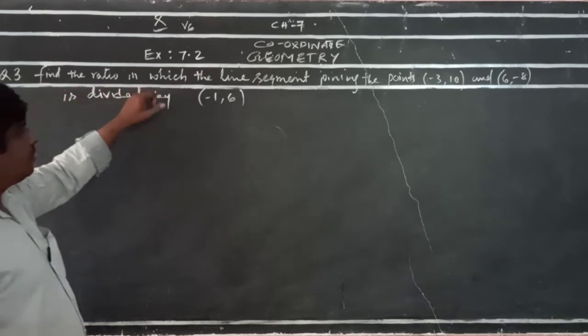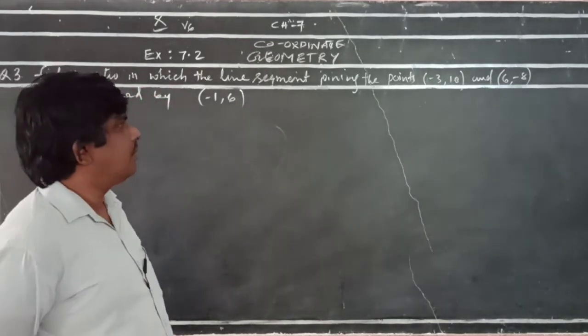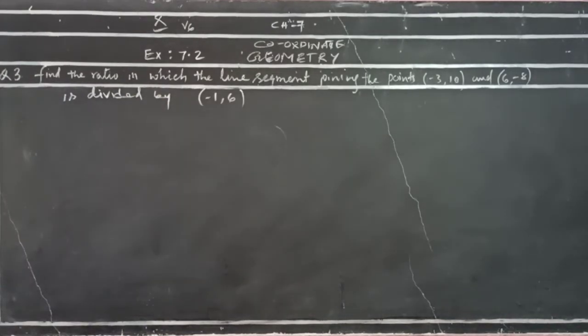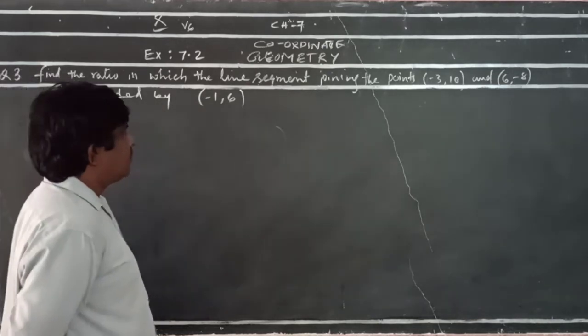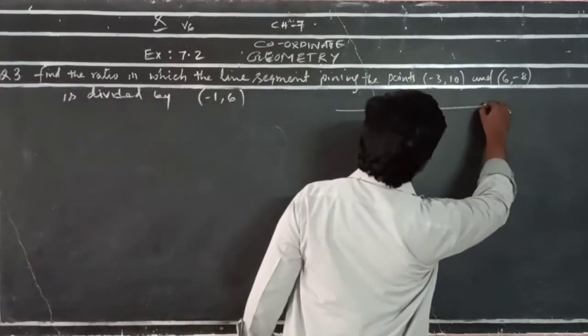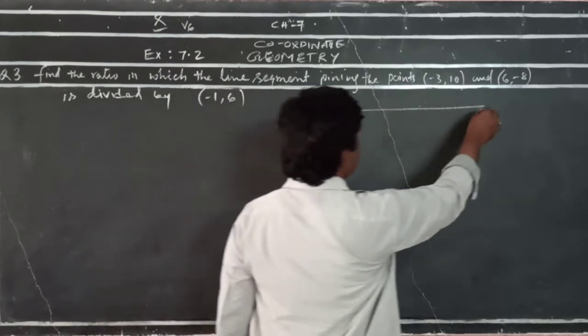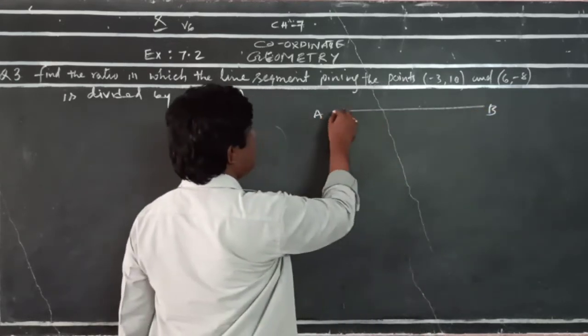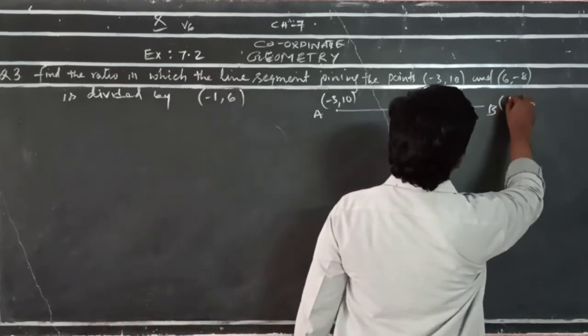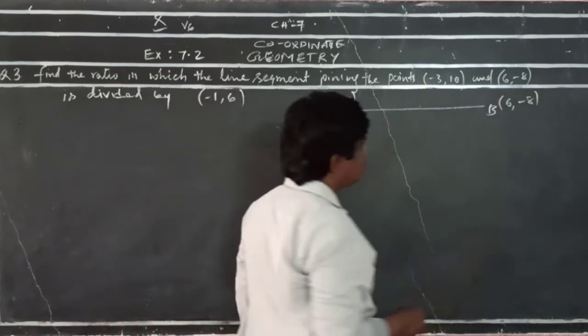Find the ratio in which the line segment joining the points (-3, 10) and (6, -8) is divided by the point (-1, 6). So it is clearly mentioned: the line segment joining 2 points, one is A, that is (-3, 10), and B is (6, -8).